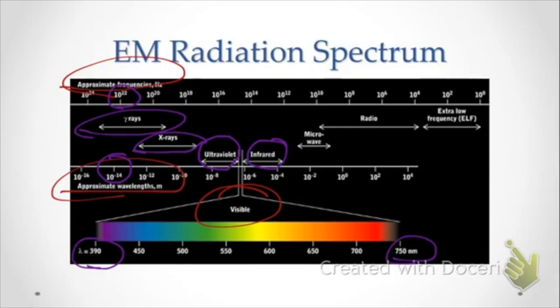We'll also note, of course, that different colors correspond to different wavelengths. So on the short wavelength end, we have violet, and on the long wavelength end, we have red. So this is, of course, Roy G. Biv: red, orange, yellow, green, blue, indigo, violet, corresponding to the electromagnetic spectrum.